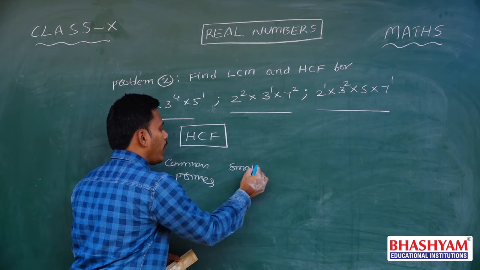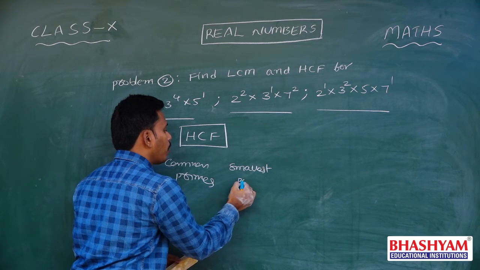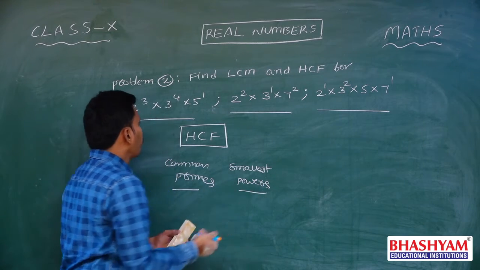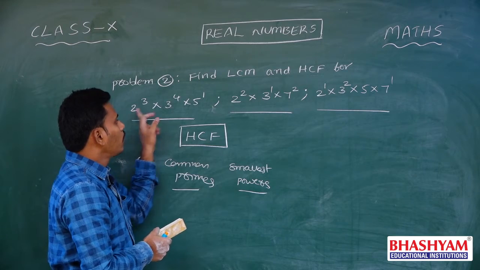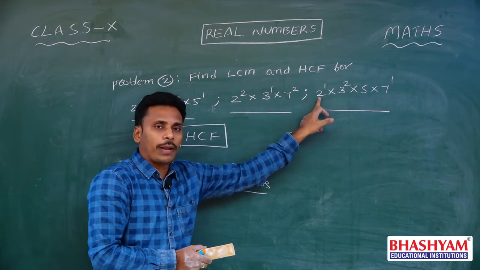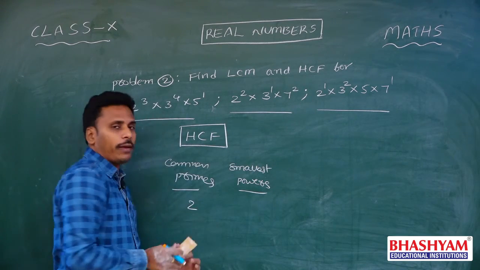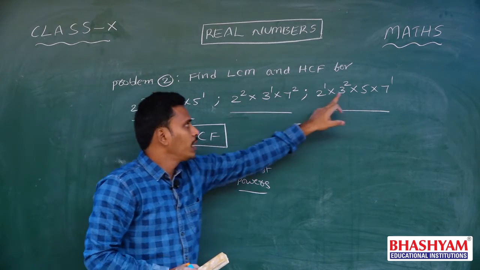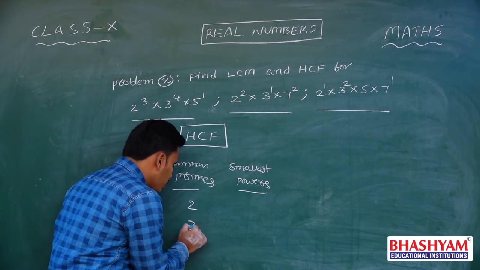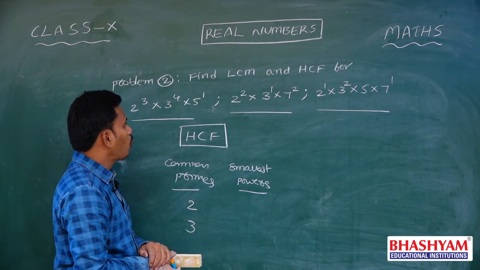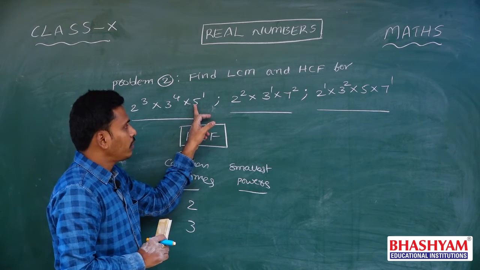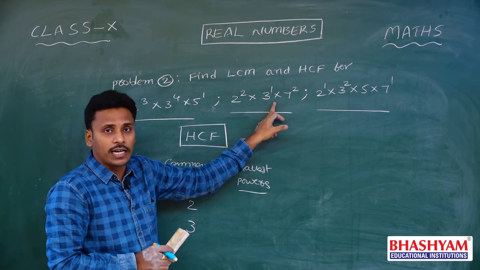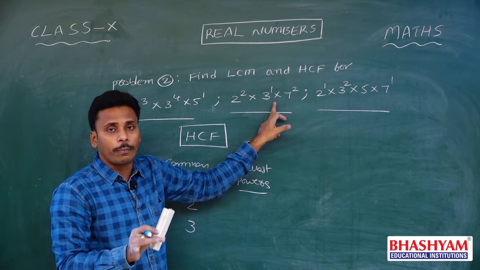See, 2 is a prime factor, 2 is a prime factor, 2 is a prime factor, so 2 is a common prime. Here 3 is a prime factor, 3 is a prime factor, 3 is a prime factor, so 3 is a common prime. But coming to 5, here 5 is a prime factor, here also 5 is a prime factor, but 5 is not involved in the second number, so 5 is not a common prime, right?